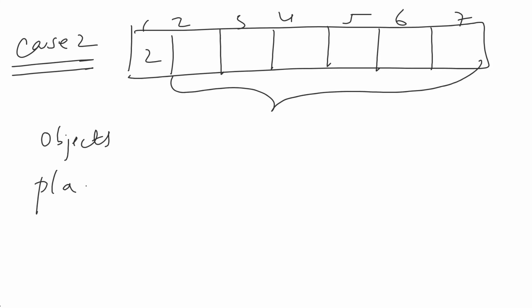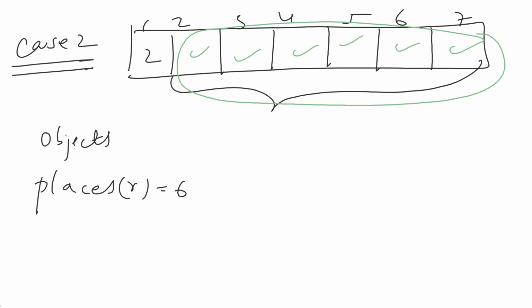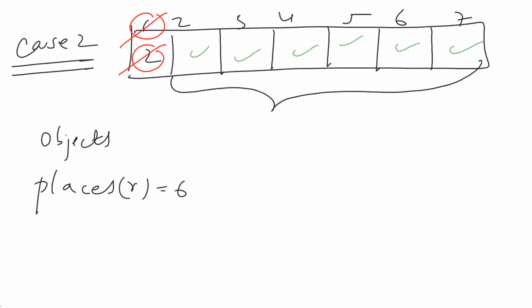So the places are equal to 6 because there are 6 boxes remaining. We are supposed to arrange numbers only in these places because the number is starting with 2. So we don't have to consider this object and this place.